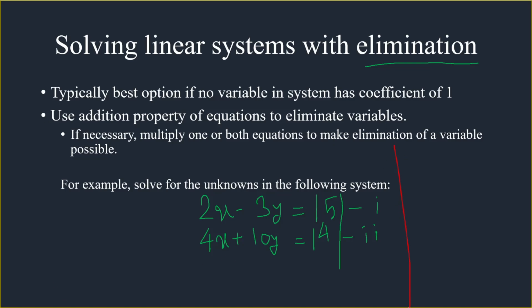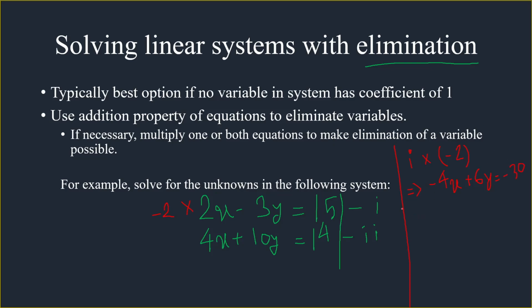If I multiply my first equation by minus 2, we can eliminate this, right? If I multiply this by negative 2, we will get a negative 4. So if we multiply equation 1 by negative 2, we get the equation minus 4x plus 6y equal to minus 30.